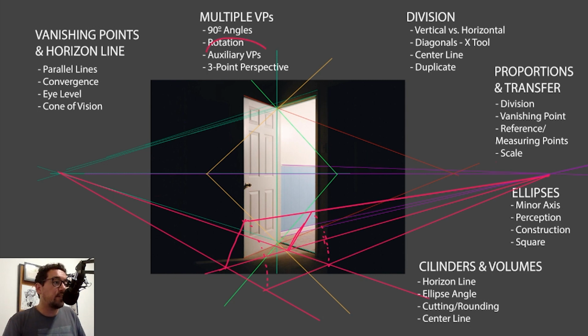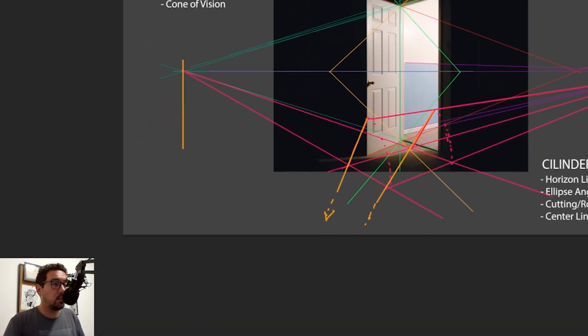And auxiliary vanishing points in this case will be the vanishing point to which these two lines are converging. So this here is converging down, and also here converging down. And they will both converge to a point under this vanishing point, an auxiliary vanishing point that is under here.